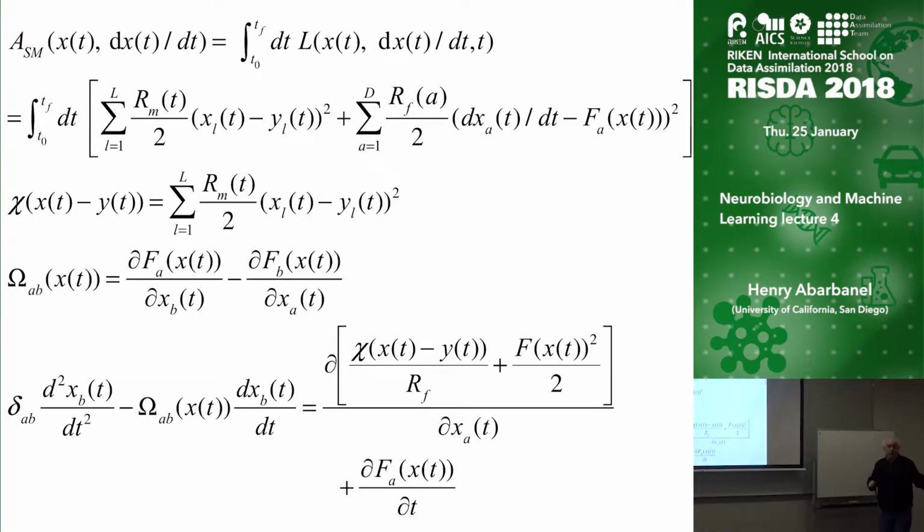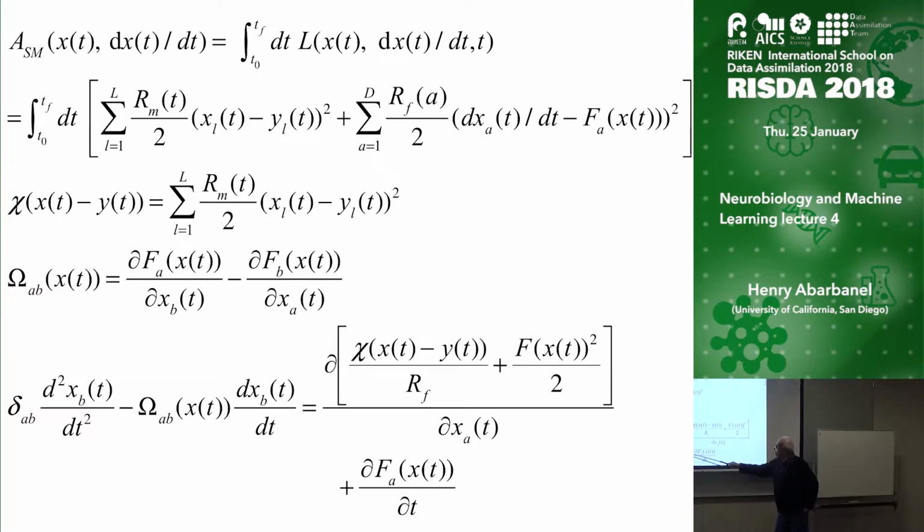If you write out this differential equation, what you find is that it's a second-order differential equation. So it's d squared x dt squared. This is the path now in continuous time of all of the state variables. This is the equation that you have to satisfy for that path.